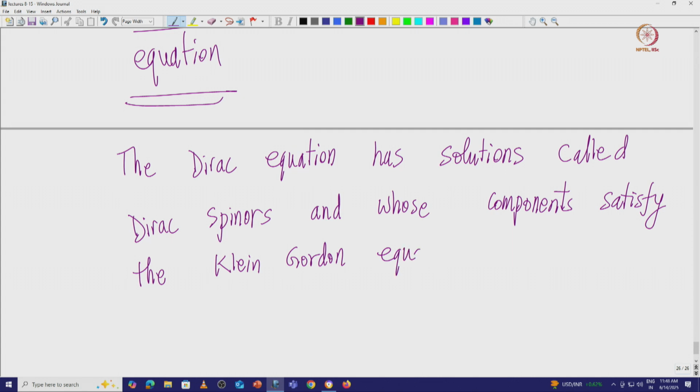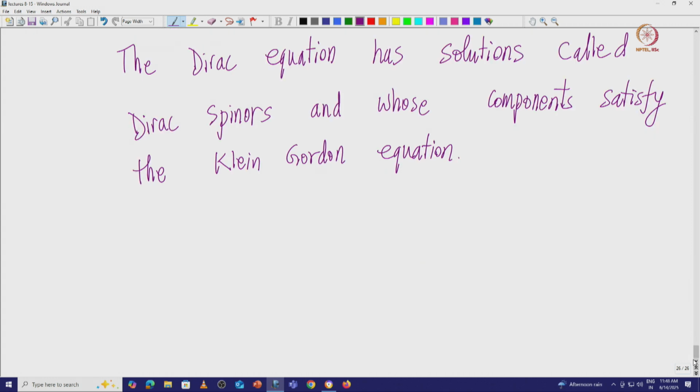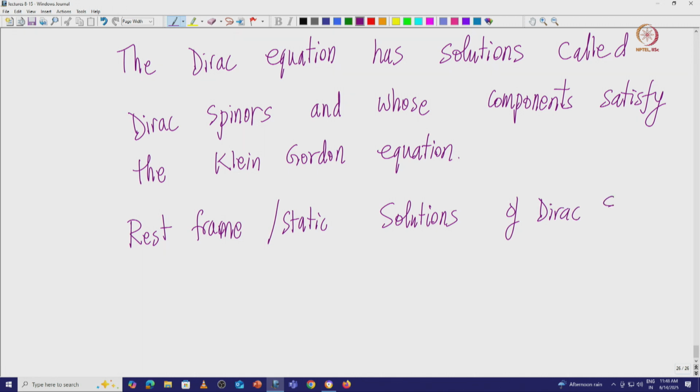Now, let us go to the rest frame of the particle. The solutions can be represented in terms of rest frame solutions. So, what are the solutions of the Dirac equation?